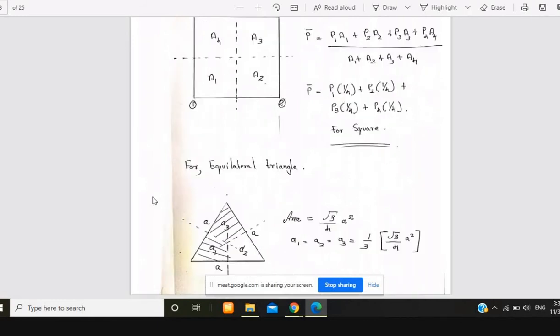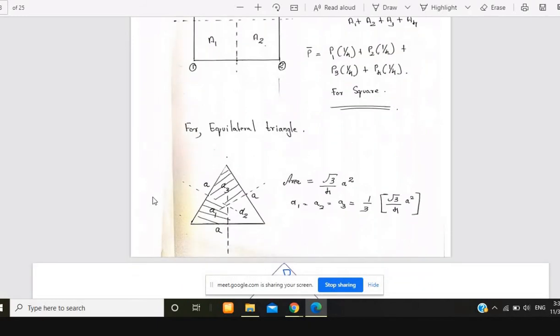Then if you are considering an equilateral triangle, by drawing these perpendicular bisectors, we will obtain 3 areas. The total equilateral triangle will be divided into 3 sections, so each area will give a weightage of 1/3.